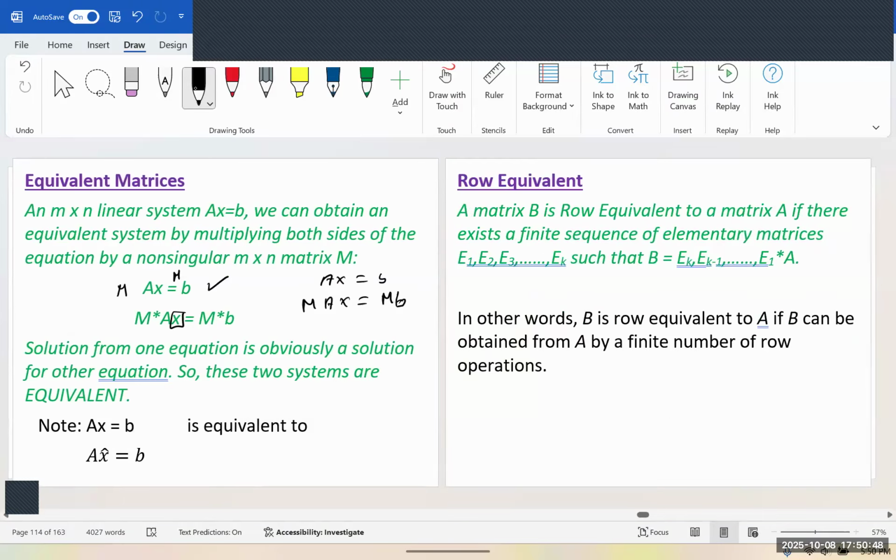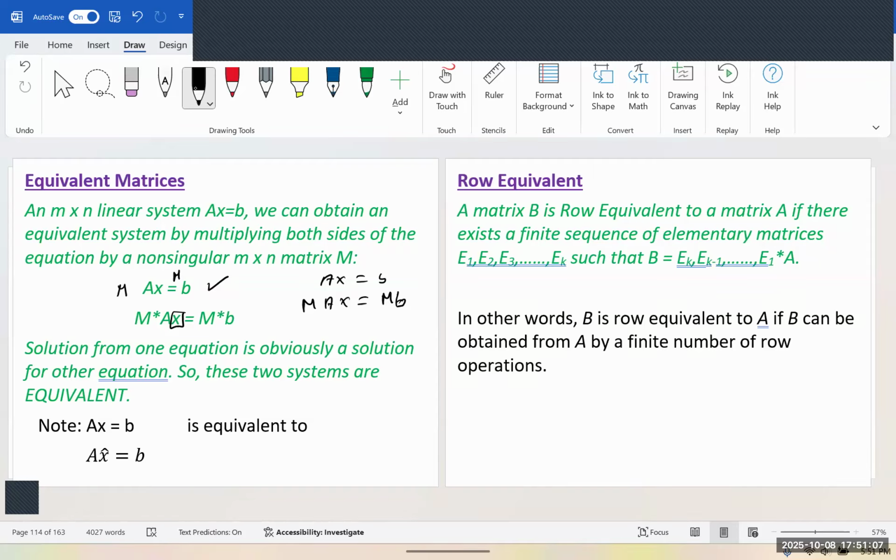Now, when you talk about equivalent matrices, there are several types. One is row equivalent, one is column equivalent, and there is another type I forgot. But in this class, we are going to talk about only row equivalent.